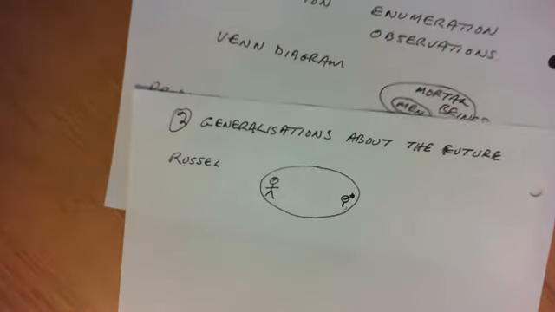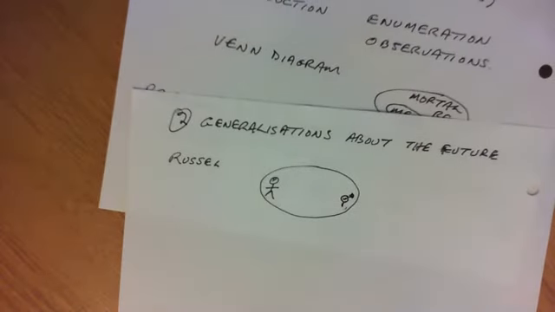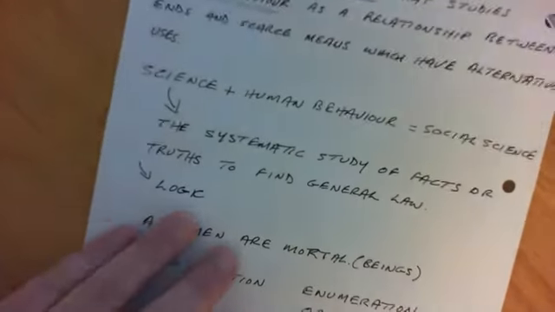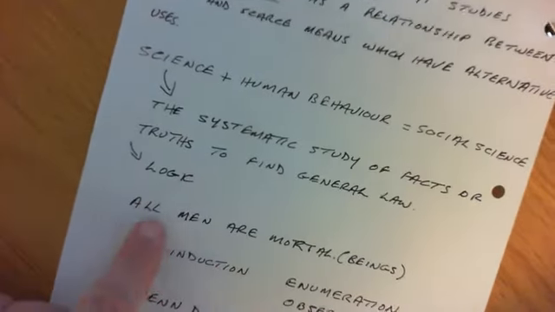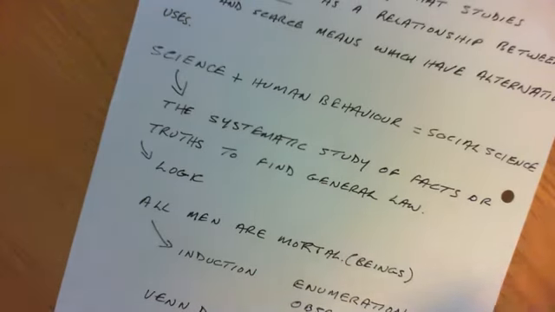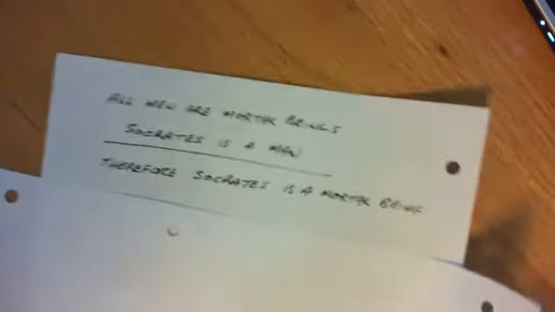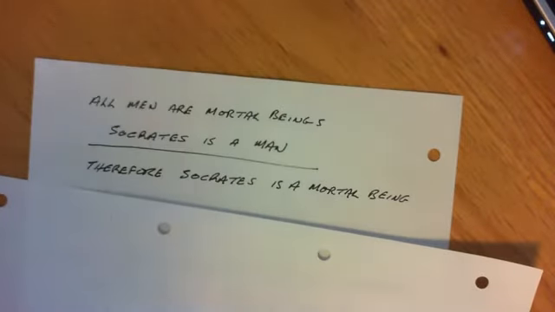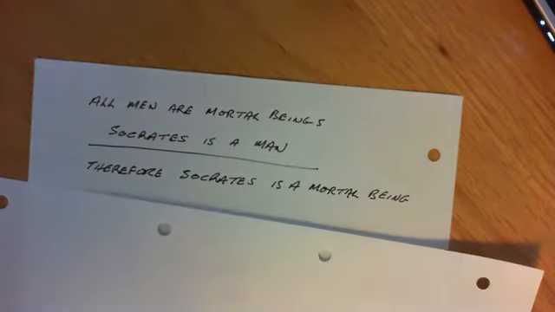Let's move back to the earlier one here. All men are mortal beings again. So we're back to all men are mortal beings. Now let's have a look at this, and let's just drop these out of the way for a second and pop this one down. There you go. I'm hiding something here, but: all men are mortal beings.